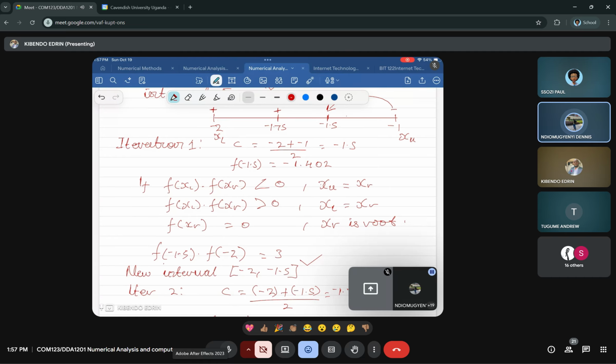That was 1, not 1.5. How did you get to the 1? Because our initial interval is negative 2 and negative 1. Divide by 2, you get negative 1.5. Now we are using 1.5, where you are using 2 and negative 1.5.